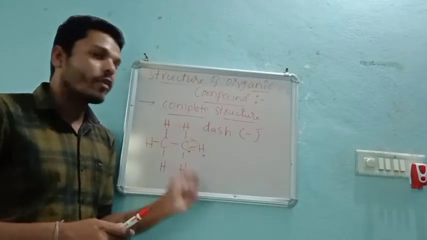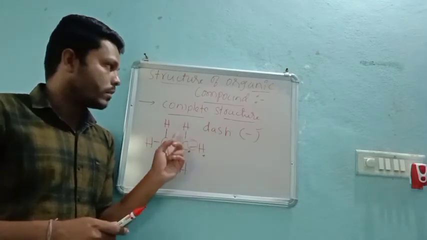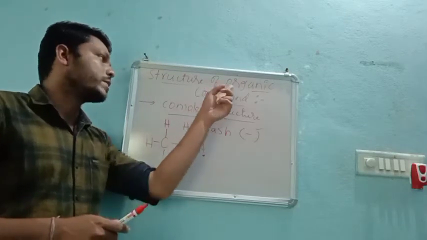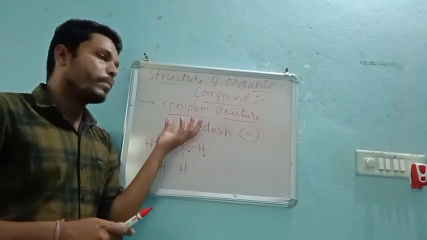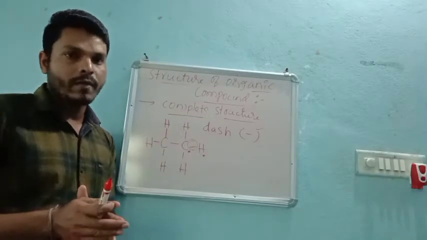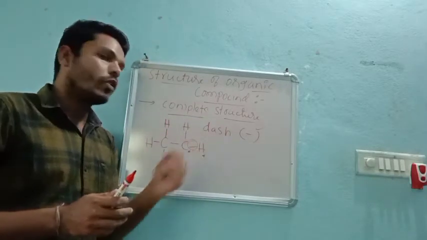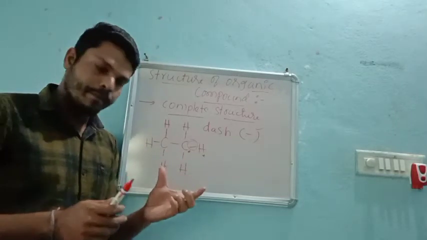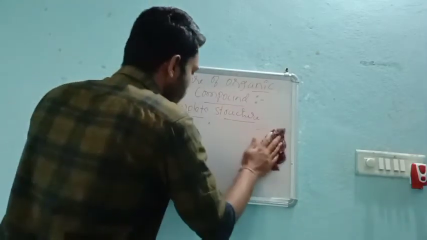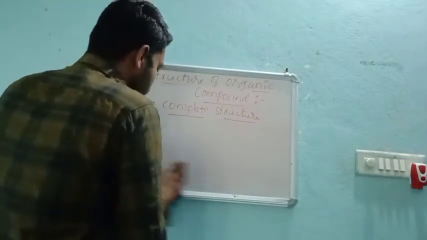This is one way to represent or write the structure of organic compounds. That is the complete structure. In the complete structure, we have to use the dash in between two atoms. So this is about the complete structure. So what about condensed?